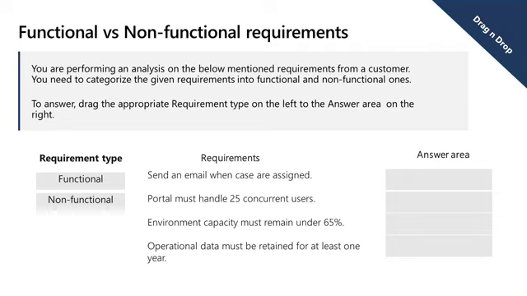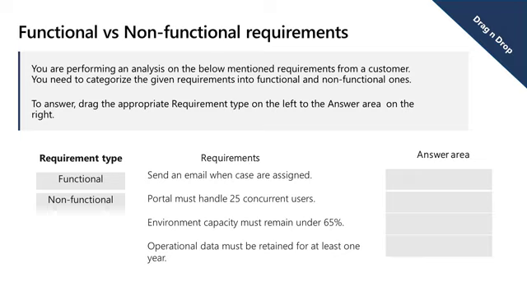The first one is send an email when cases are assigned. Here, you will drag the functional box on the area here. So that will be a functional requirement. Second requirement, portal must handle 25 concurrent users. This is not a functional requirement, so that would be a non-functional requirement. Third requirement, environment capacity must remain under 65%.